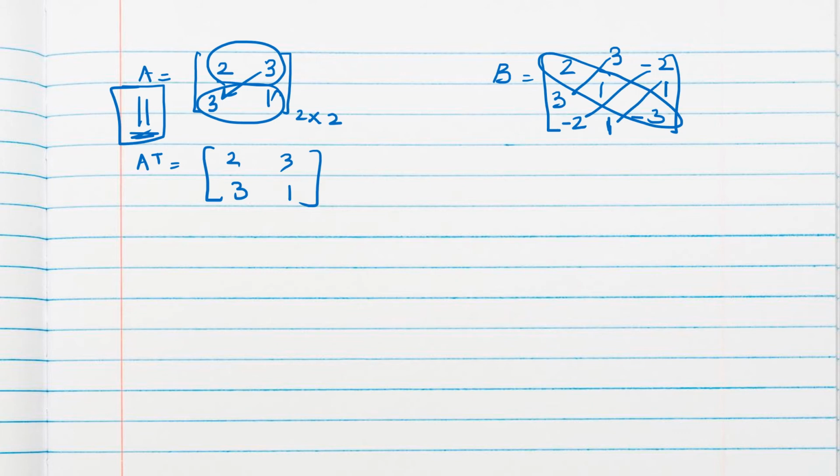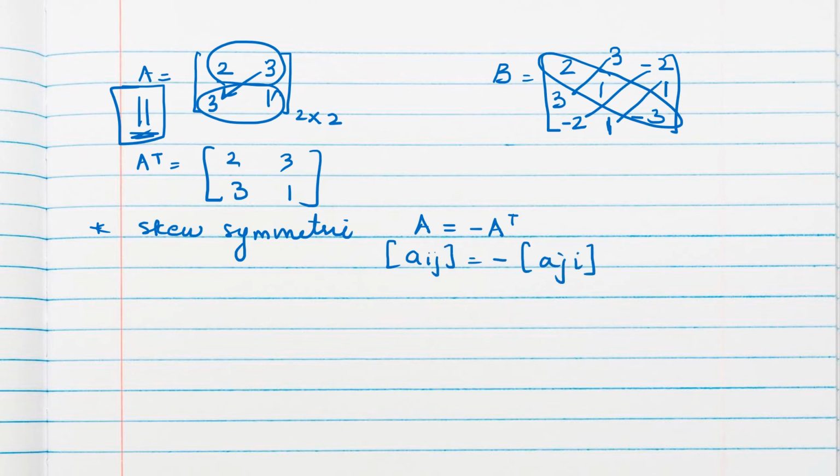Now we'll come to the condition of a skew symmetric matrix. For a skew symmetric matrix, we have this condition: A is equal to minus A transpose. Okay, that means Aij is equal to minus Aji. Again, I'll check the condition on diagonal elements.